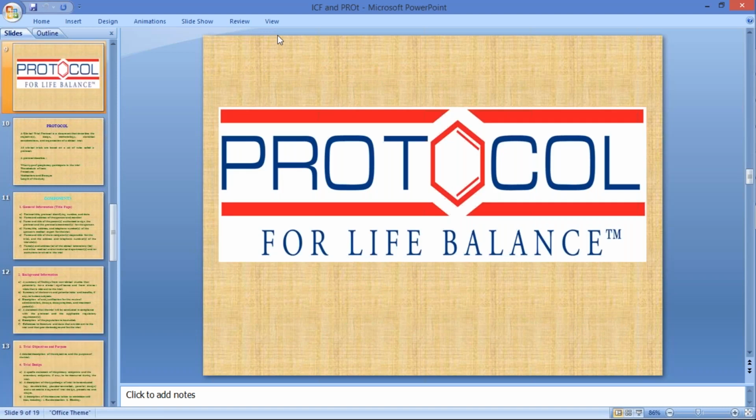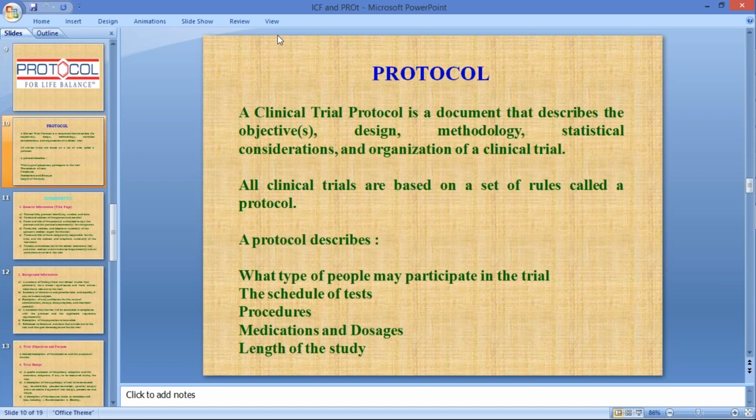Next we have the protocol. So this is the informed consent form. The informed consent form will explain the study. Based on that, we'll decide whether to participate or not. Based on that, they will sign the form. Next, protocol.